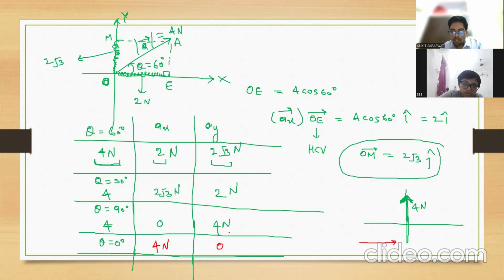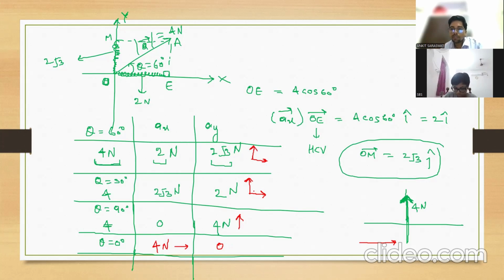Now if I draw the projection, there is no projection on the y-axis, and the projection on the x-axis will be like this only. If I draw for both, here similarly the projection will be like this. These are the projections which I have drawn.